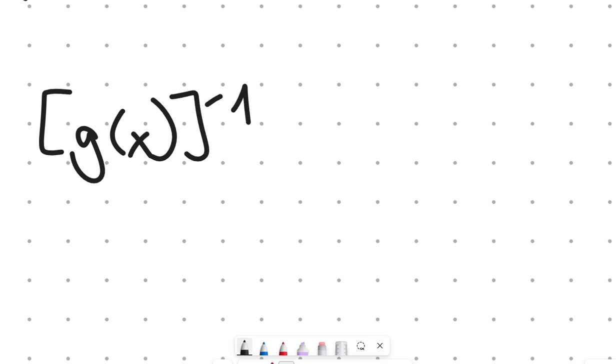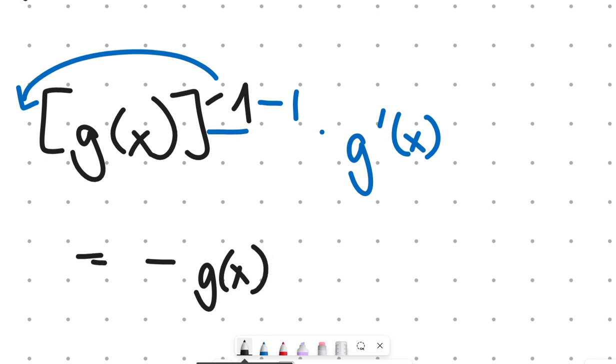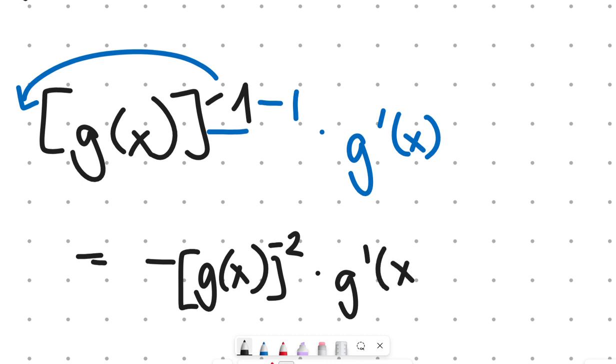So if we take the derivative of g of x to the negative 1, we have to put the negative 1 in the front, subtract 1 from the exponent, and multiply by the derivative of the function. So we'll get minus g of x to the negative 2 power times g prime of x.